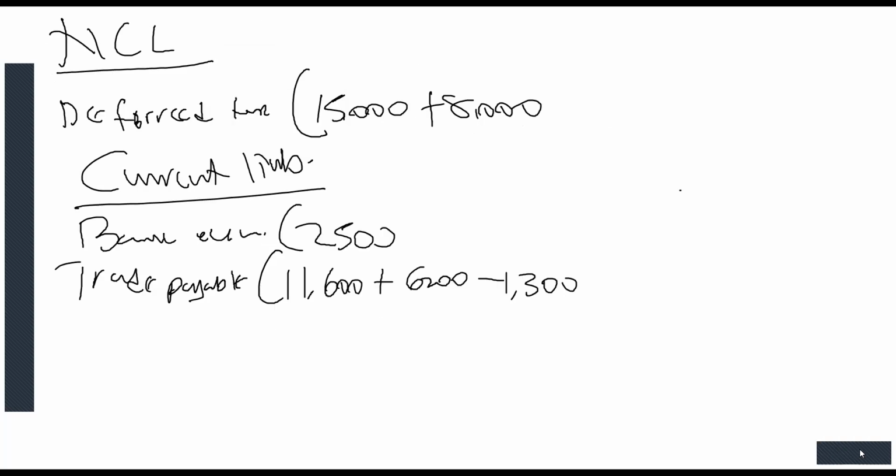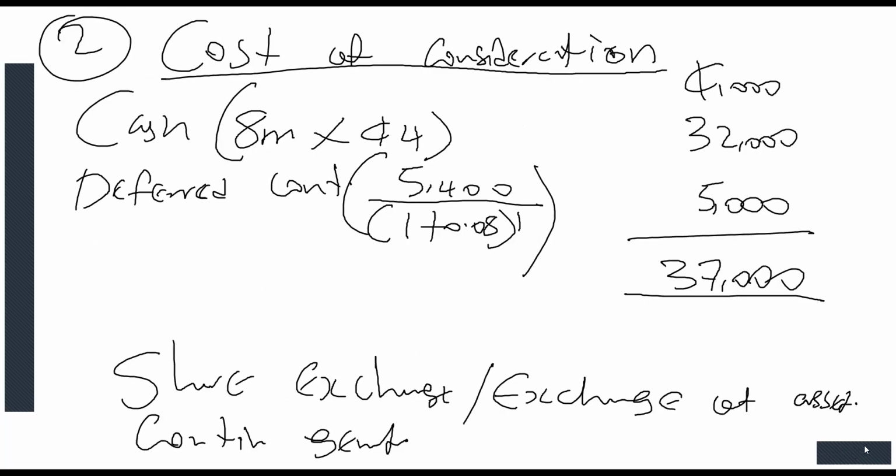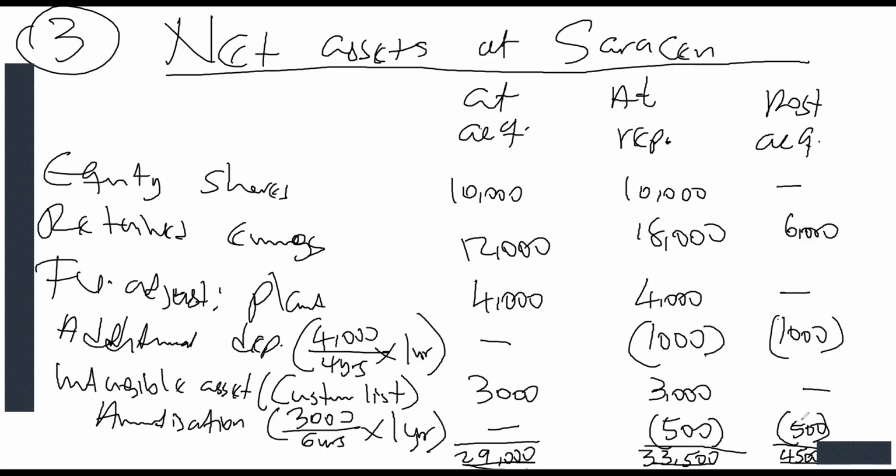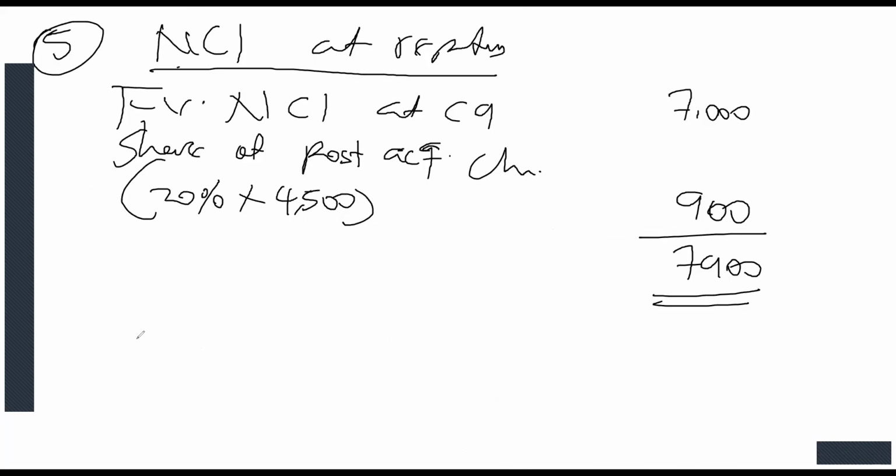The next working, if there's associates, do associates. If there's no associate, before you go to group retained earnings, let me do just the last but one working, then we are good to go. Let's do associate working 6.